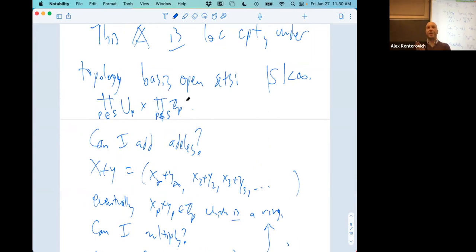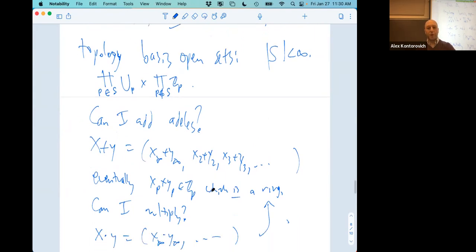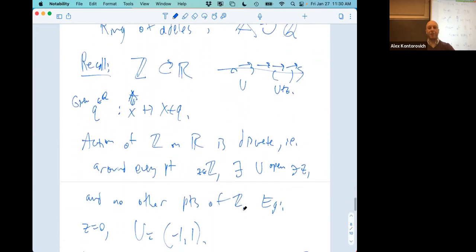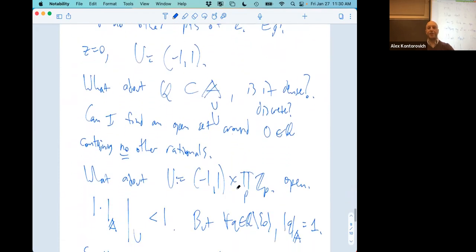The rest all have to be Z_p. That's the restricted product topology. All I'm saying is that this is a set that's open in that topology. I just take the set S to be infinity only.